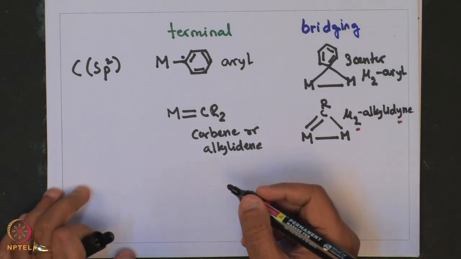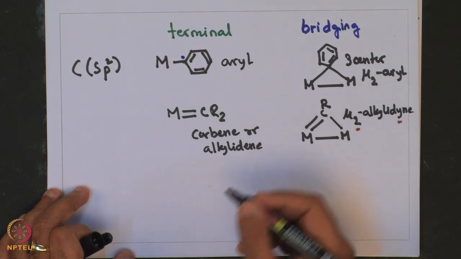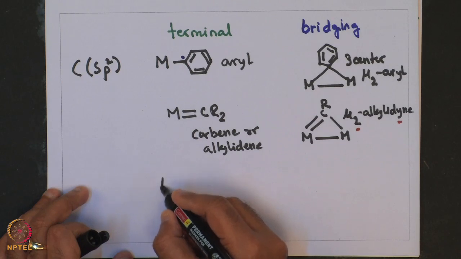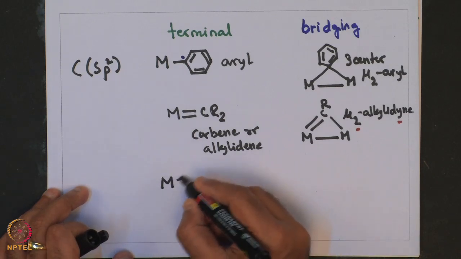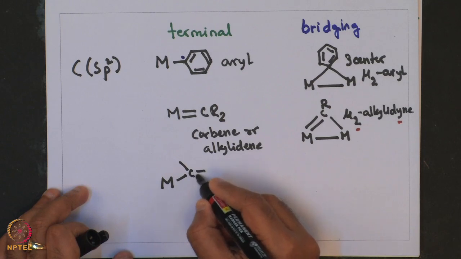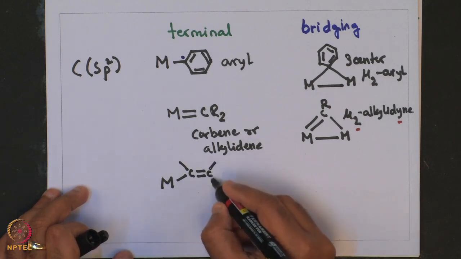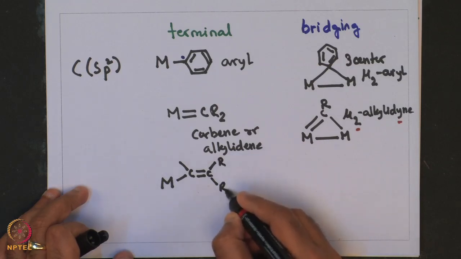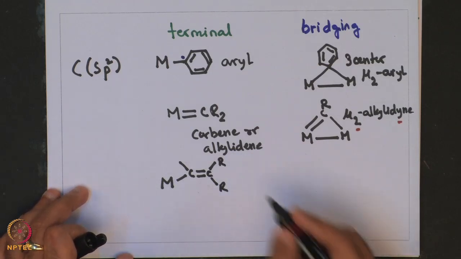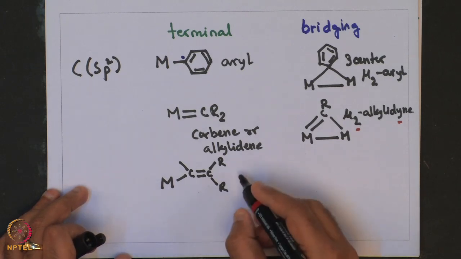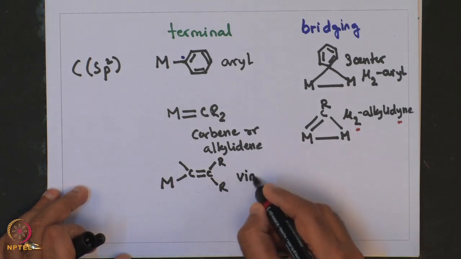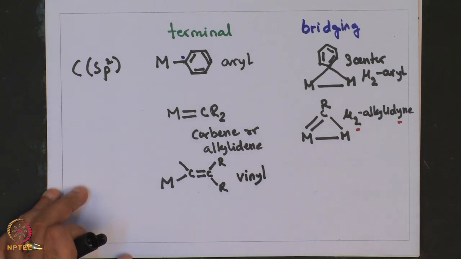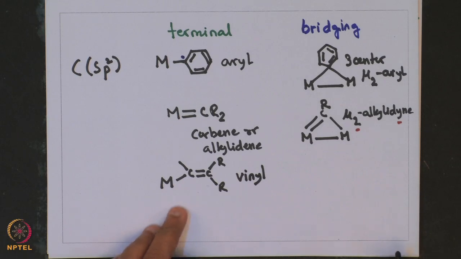A C2 fragment can also bind in a terminal fashion as shown. This is called a vinyl ligand. The terminal vinyl binding is shown here.